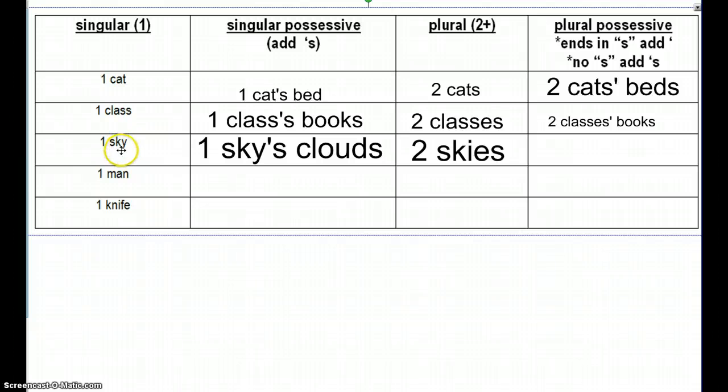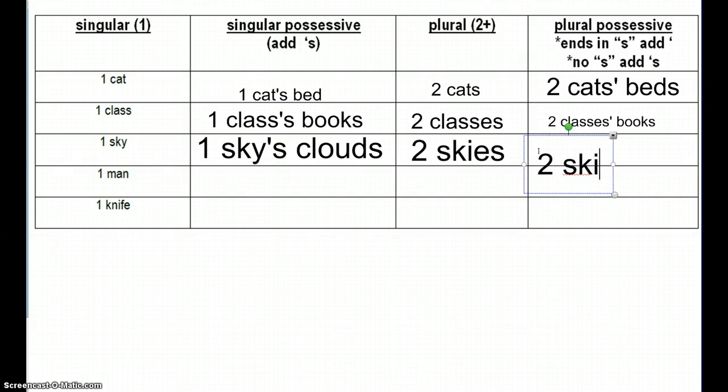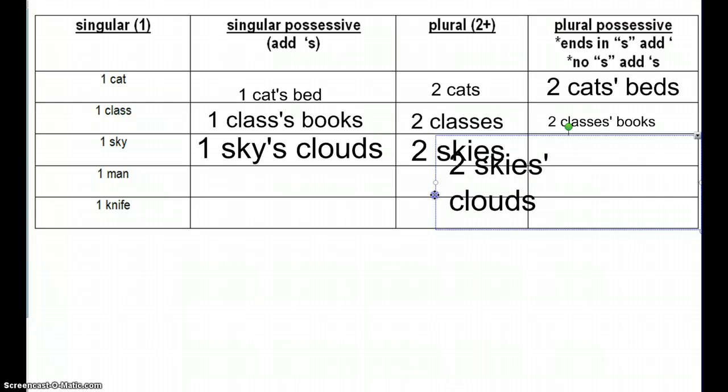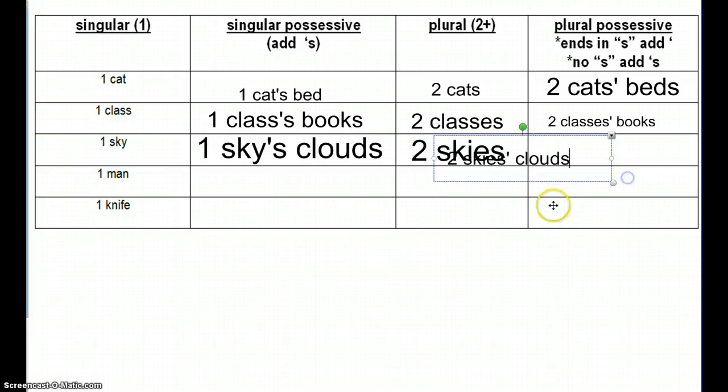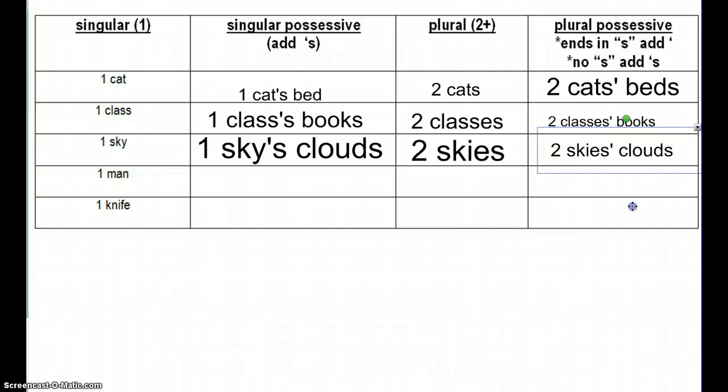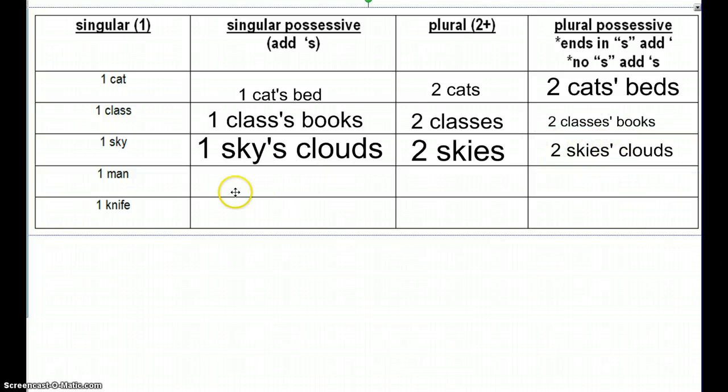If it ends in a Y, we change the Y to an I and add ES. And the two skies make it plural. If it ends in an S, you add an apostrophe. So it would be two skies' clouds. And I know that sentence probably doesn't make a lot of sense, but we're looking more at the rule.